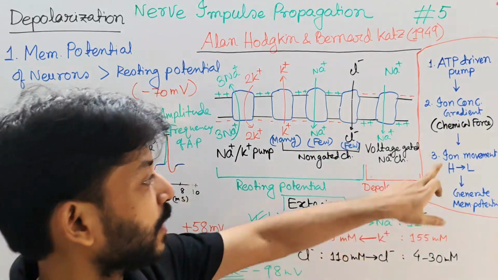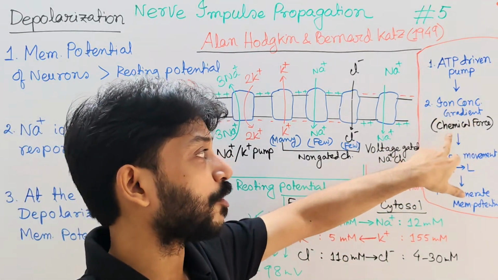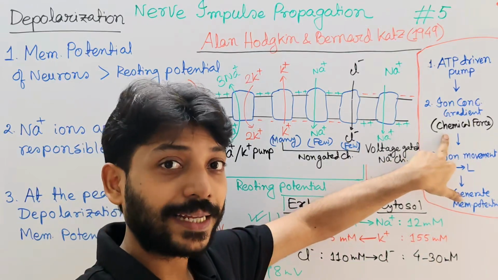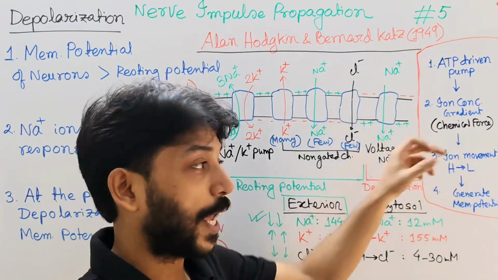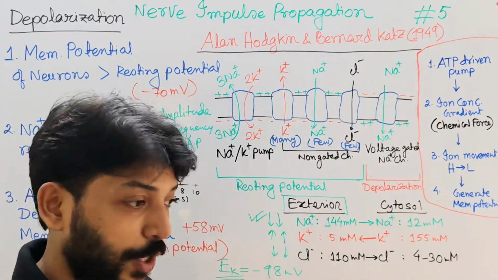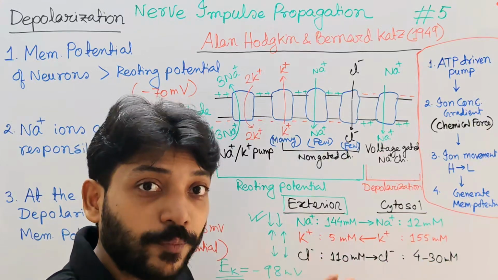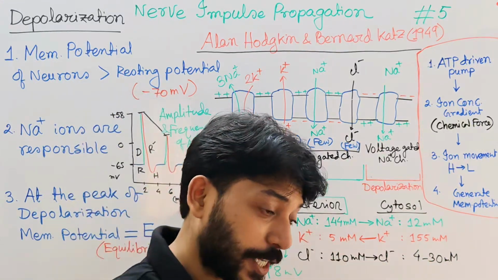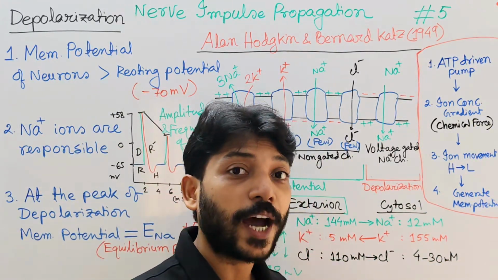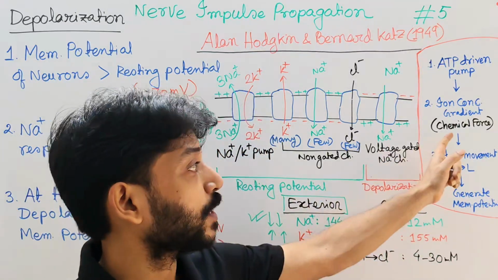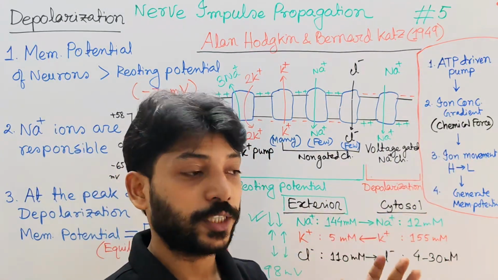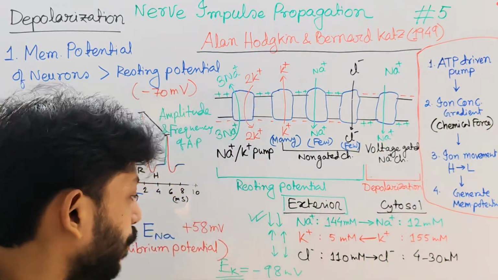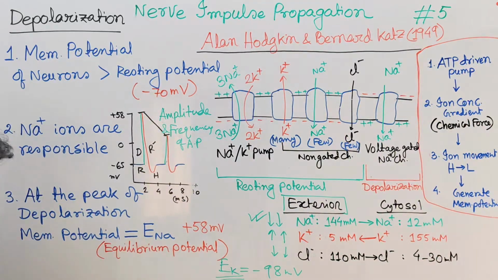Now, the ion concentration gradient is a chemical force that helps in the movement of ions. Because ions carry charge, when they move, they also establish a voltage difference. And at a particular voltage difference, the ion movement actually stops. Why? Because the chemical force and the electric force balance each other. That is called equilibrium potential.